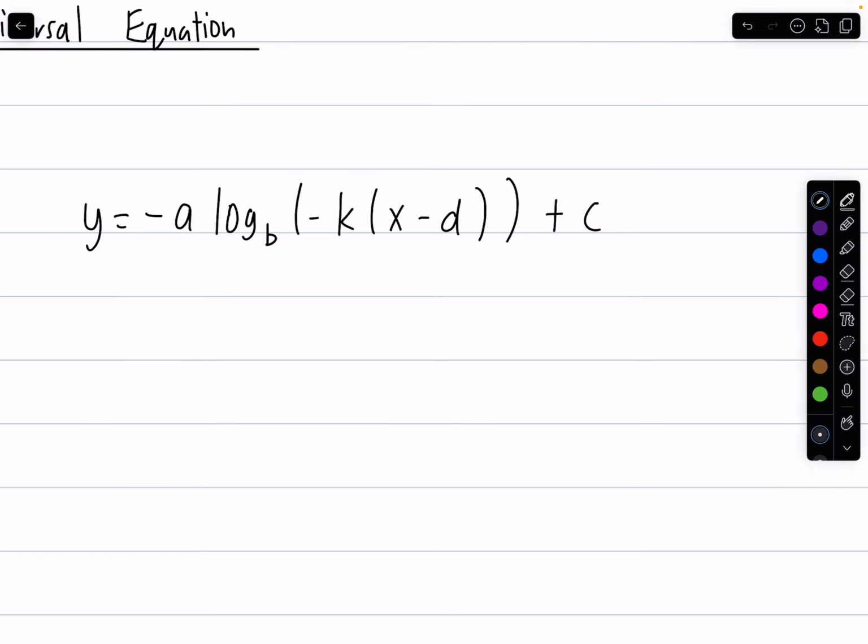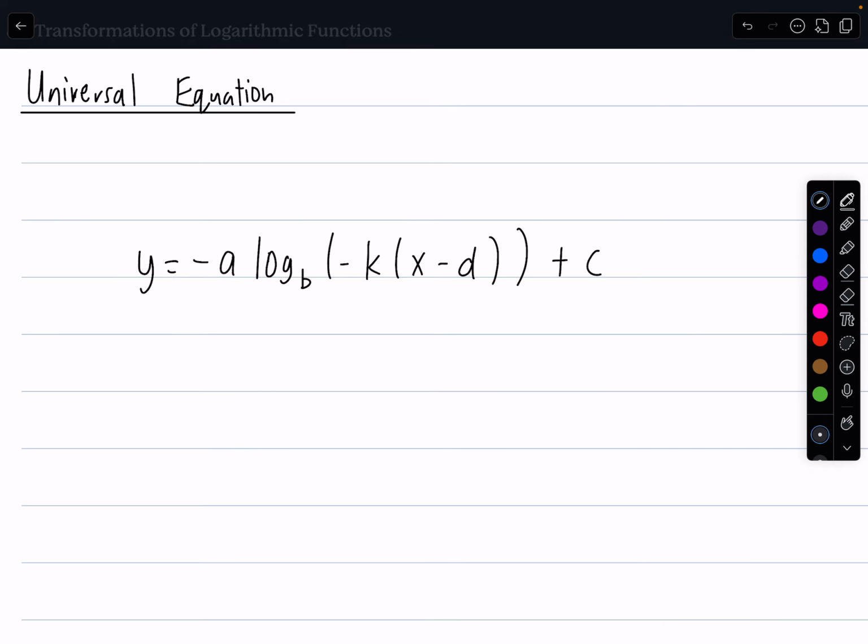But this is all useless information unless we know what each of these variables mean. So if you see over here, the negative here represents a reflect over the x-axis. The negative here represents a reflect over the y-axis.